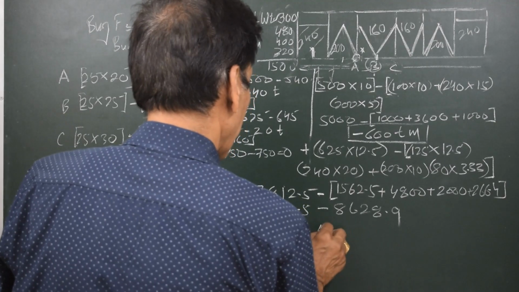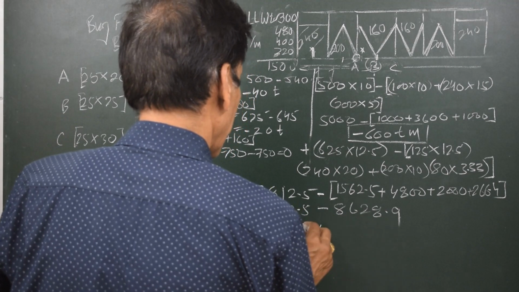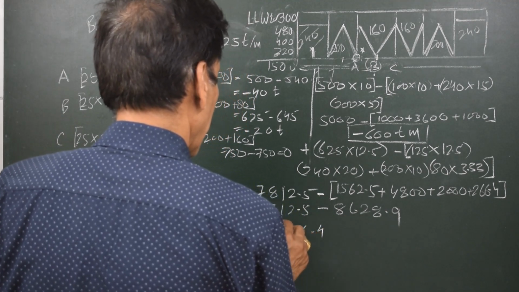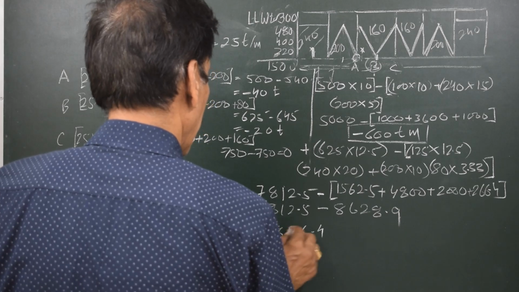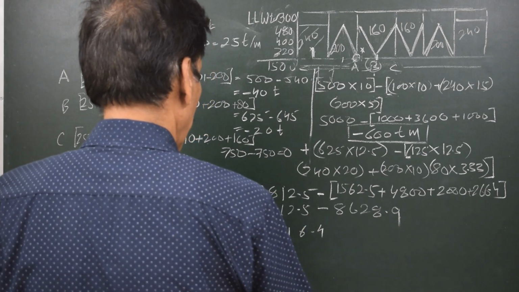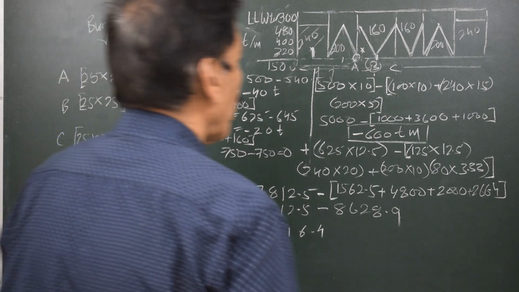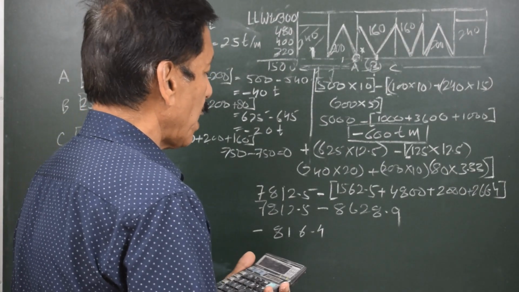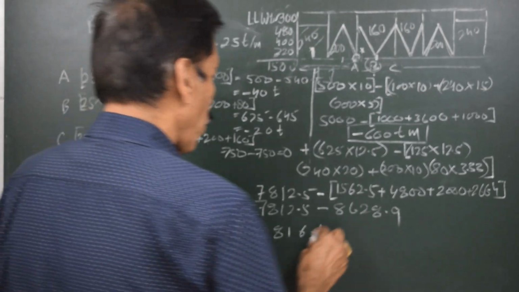That's going to be 816.4 minus. So the bending moment at B once again is hogging, and that is 816.4 tons meter.